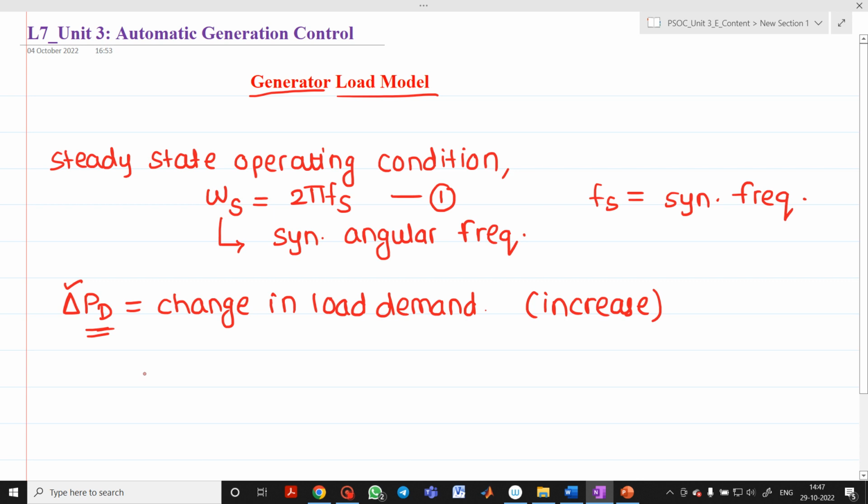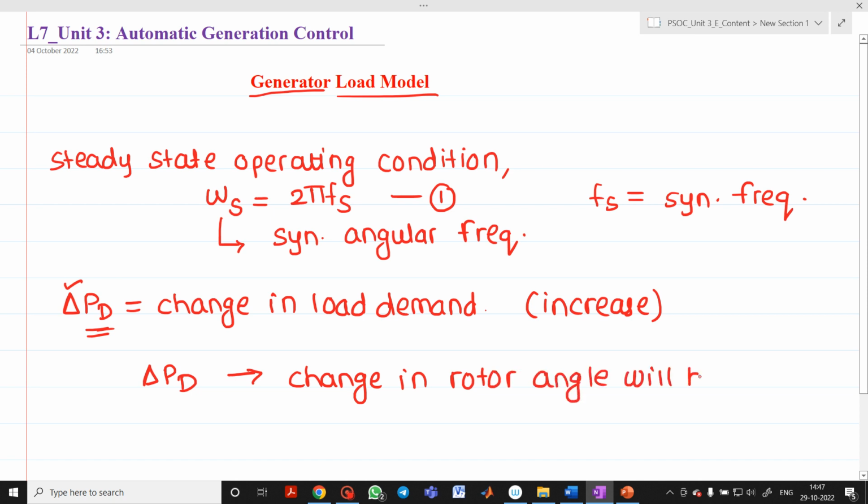So let's say if your demand is increased by amount delta PD, then what is the change in the rotor angle? So I will write it here, change in the rotor angle will be by how much amount there will be change in the load demand, by that much amount there will be change in the load angle.